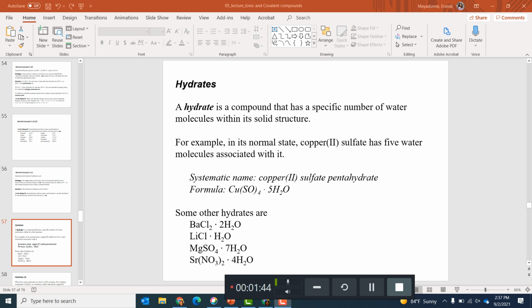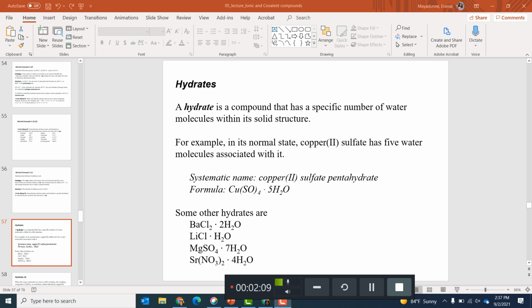But the mistake is this: the parenthesis should come after the four. So copper two sulfate pentahydrate. Barium chloride, because barium is a cation that forms only one type of cation, dihydrate.